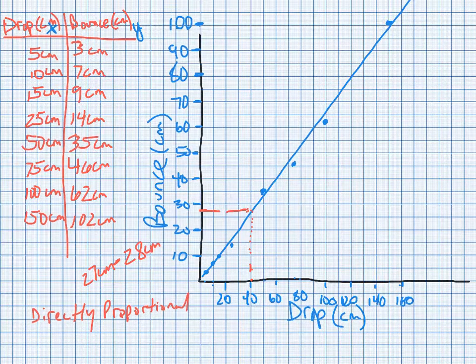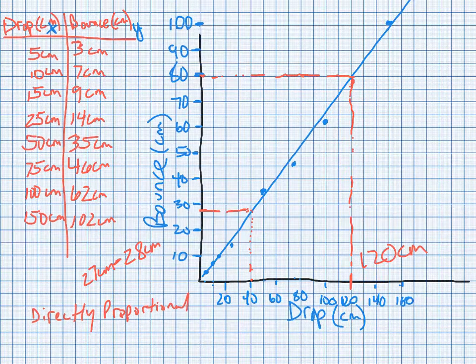So I start at the bounce of 80, and I walk it over to my best fit, and I hit my best fit. Then I drop it down from my best fit down to the drop, which apparently is about 120 centimeters.